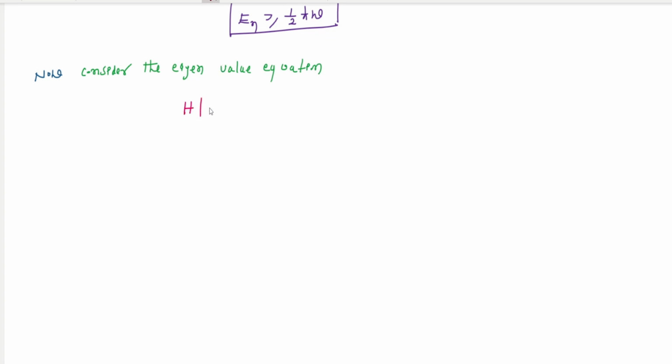Now consider the eigenvalue equation. So what is the eigenvalue equation? We know, right? This is the eigenvalue equation. H acting on the nth state equals En times the nth state.